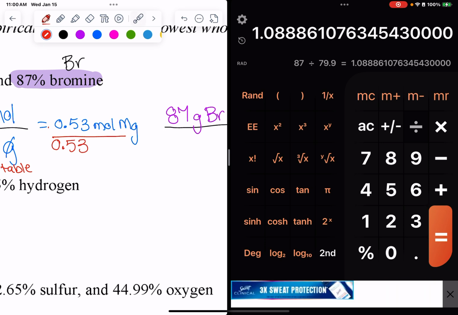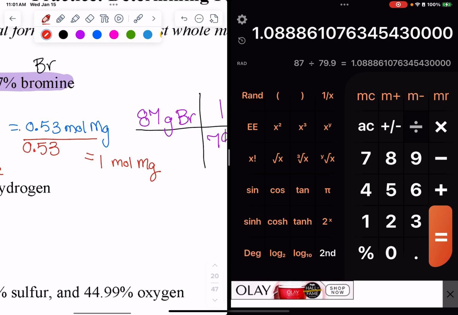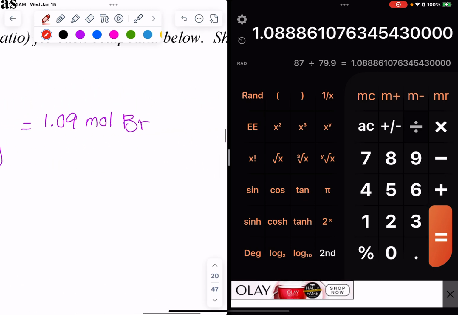Now on this side, 0.53 divided by 0.53 will give us 1 mole of magnesium. On the other side, 1.09 divided by 0.53. Let's go ahead and type that in.